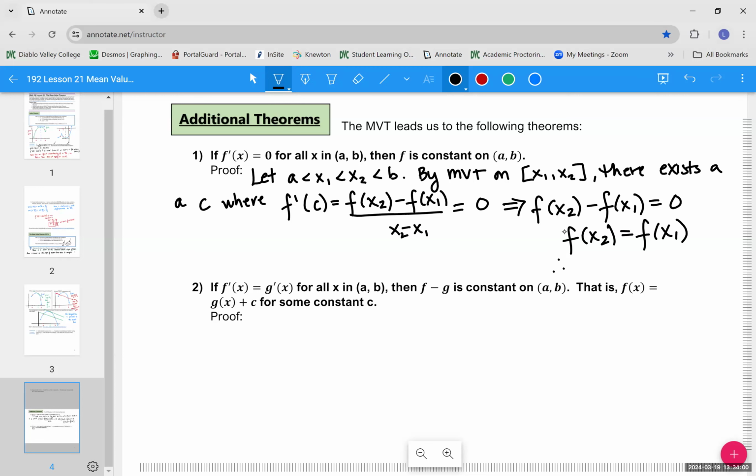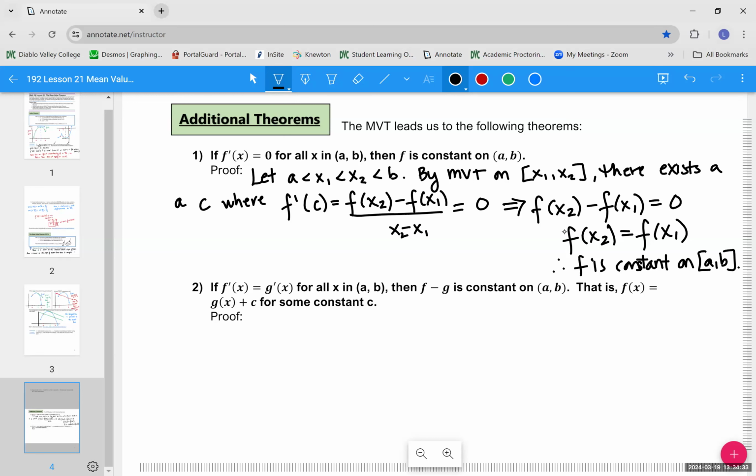So therefore, f is constant on a to b. So it's a little bit more of a technical proof than we would expect that you would be producing in this class, but hopefully you're able to follow it. And it really gives us a much more concrete proof that, in fact, when a derivative is equal to 0 over an interval, the function is constant.